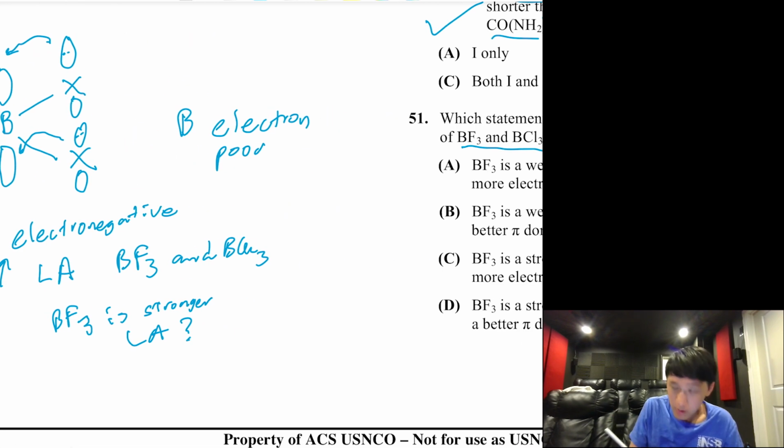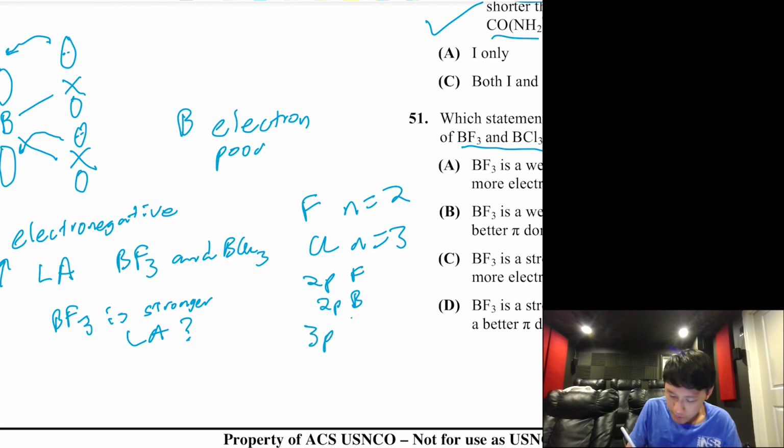So how do we compare fluorine and chlorine? Well, fluorine is an n equals 2 type of atom, and chlorine is an n equals 3. The 2p orbitals on fluorine are more effective donors to the 2p orbital of boron because they're similar in energy and size, as opposed to the 3p orbital of chlorine, which is not going to donate well to the 2p orbital of boron because it's bigger and has a different energy level.